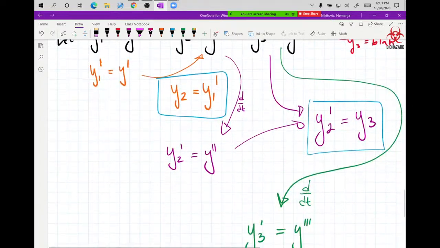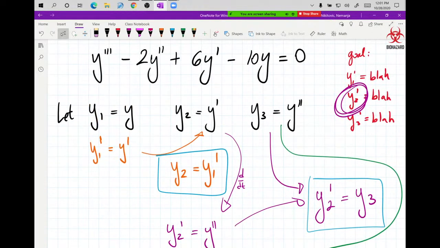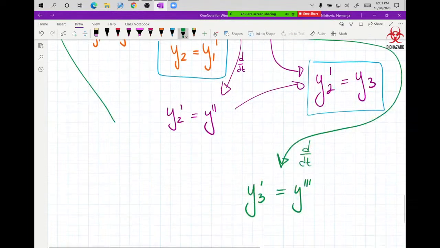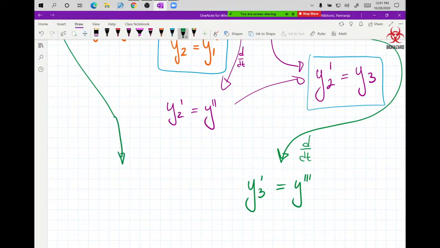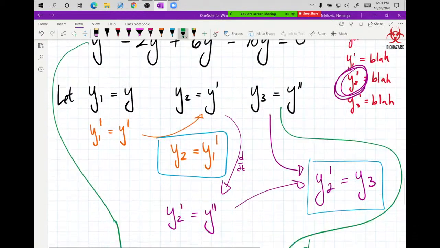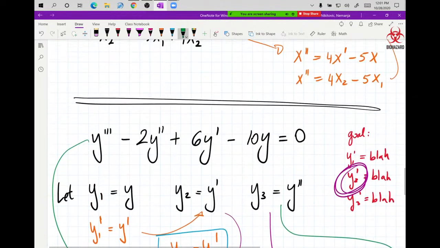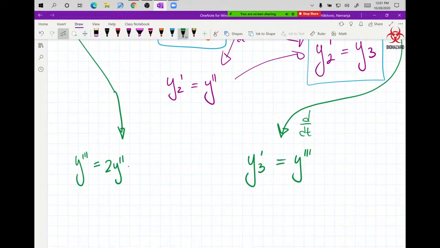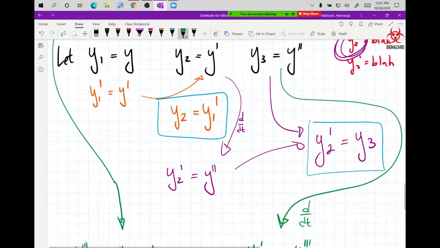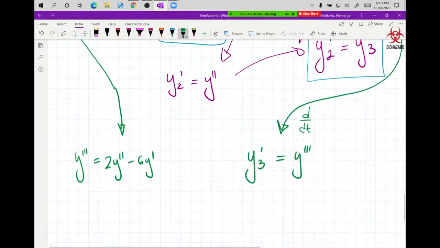So the part of this green thing is the notion that y triple prime is equal to positive 2y double prime minus 6y prime, and I think minus 10y, plus 10y.